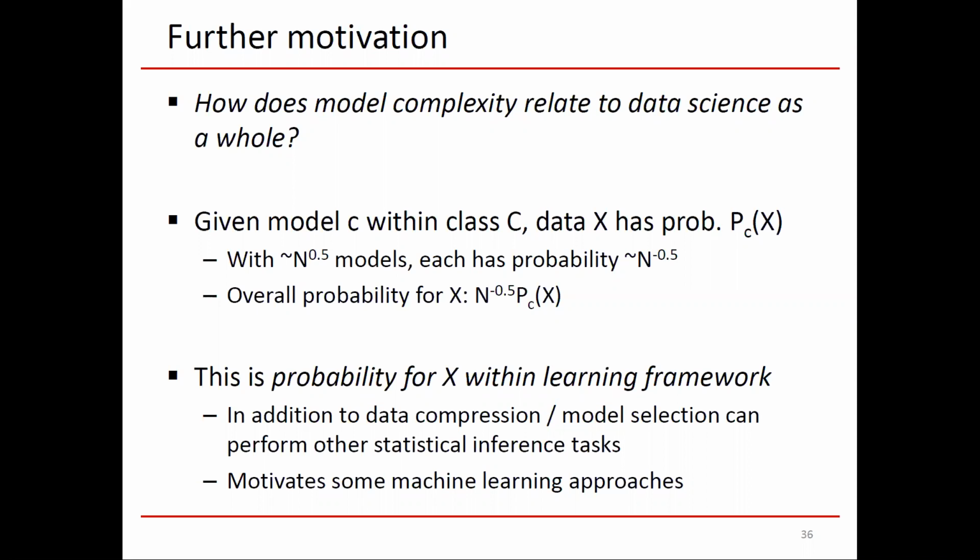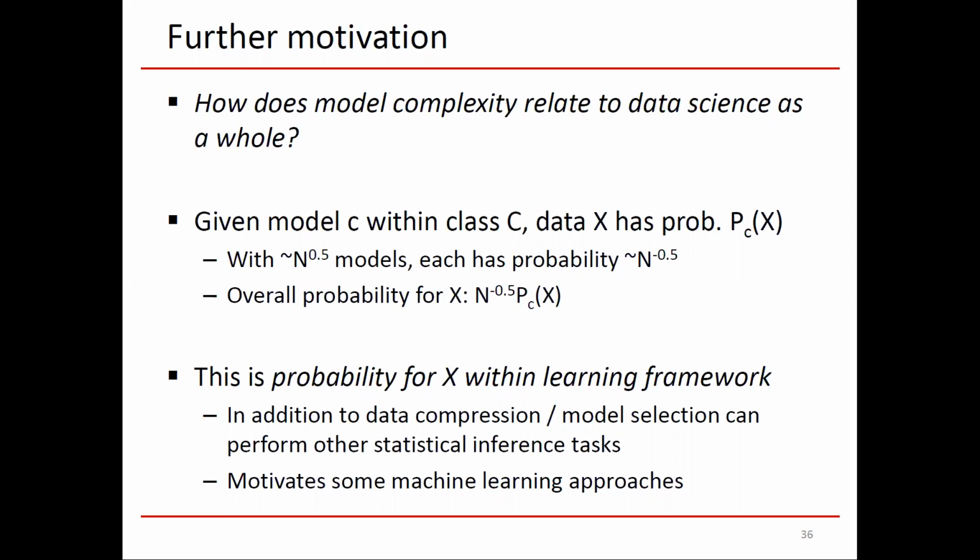So there are a lot of things that you can do with such a probability for x. You could use it for data compression. As I said earlier, there's a two-part scheme where first you compress, you encode into bits the optimal C that you chose, and after that you use the model C to compress the data X. Another possibility is that model selection can be used to perform other statistical inference tasks.